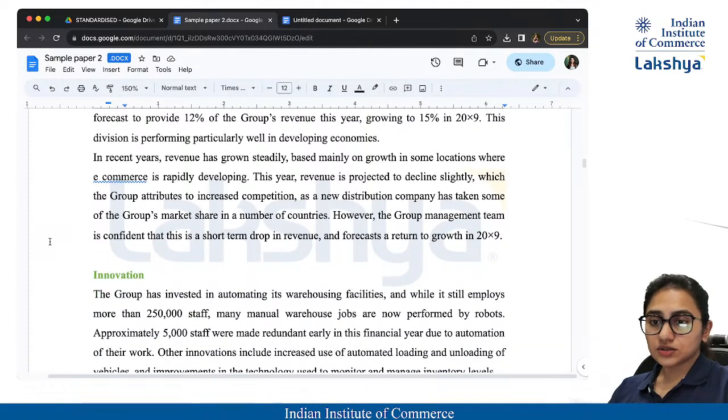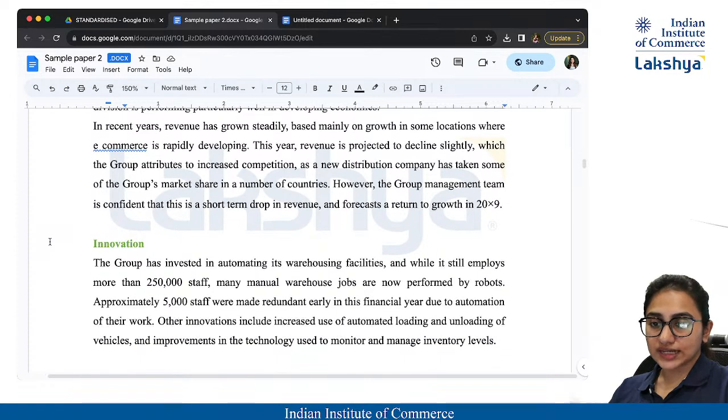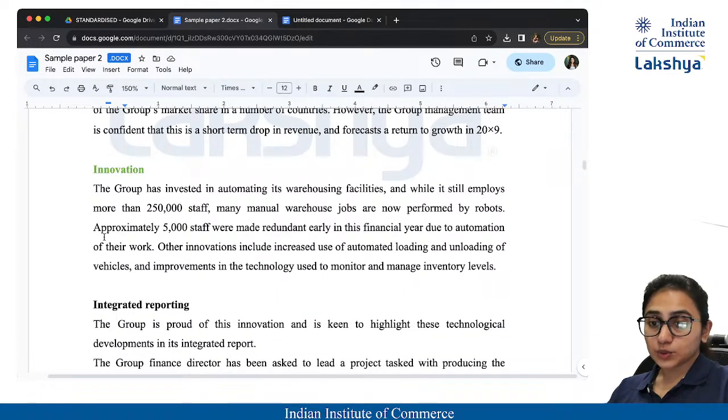In recent years, revenue has grown steadily, based mainly on growth in some locations where e-commerce is rapidly growing. This year, revenue is projected to decline slightly, which the group attributes to increased competition as a new distribution company has taken some of the group's market share in a number of countries. However, the group management team is confident that this is a short-term drop in revenue and forecast a return to growth in 20x9.